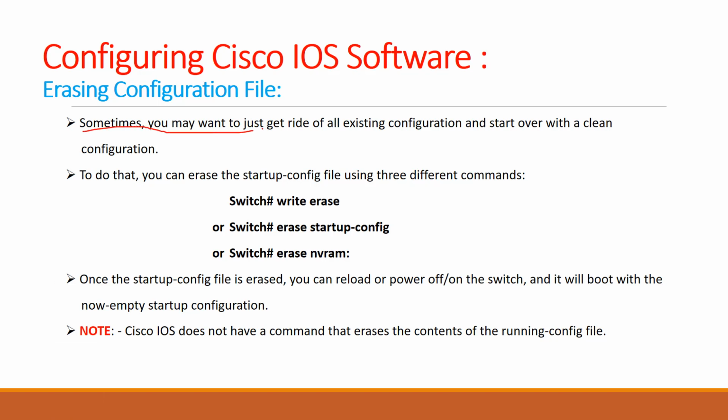Sometimes you may want to just get rid of all existing configuration and start over with a clean configuration. To do that, you can erase the startup config file using different commands. Enable commands: write erase, or erase startup-config, or erase nvram.